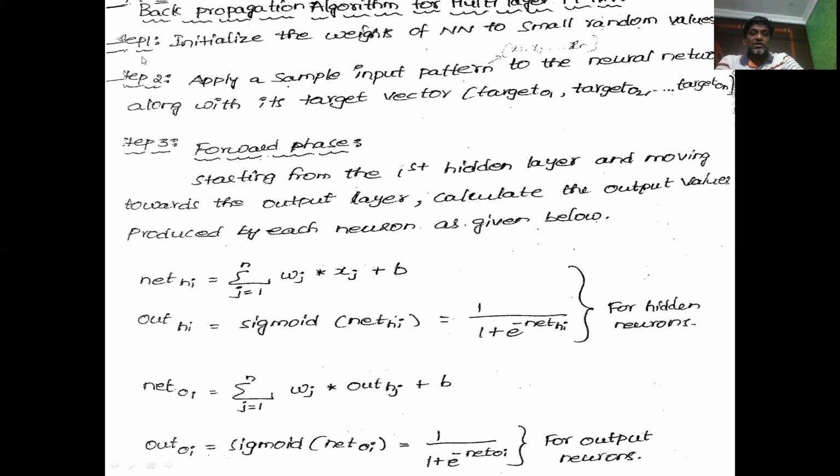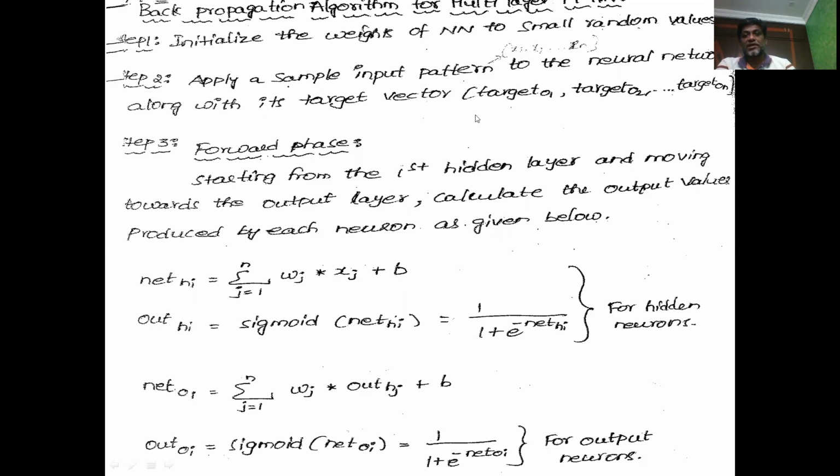The first step in the backpropagation algorithm, or any training algorithm, will be initialization of the weights to some random values. Here also we initialize the weights to some small random values, generally between 0 and 1.